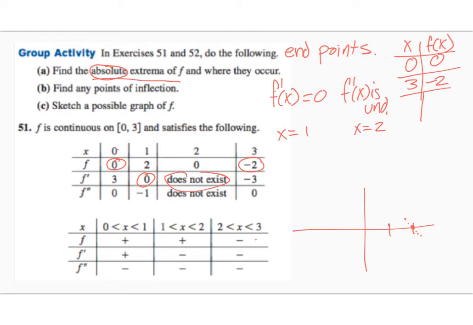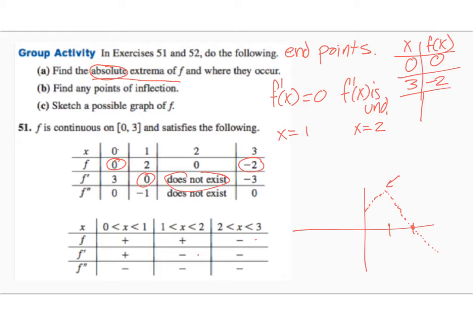Okay, now I'm going to look at my derivatives. So between 0 and 1, we are increasing. And then between 1 and 2, we are decreasing. And between 2 and 3, we are decreasing. That tells me a couple of things.